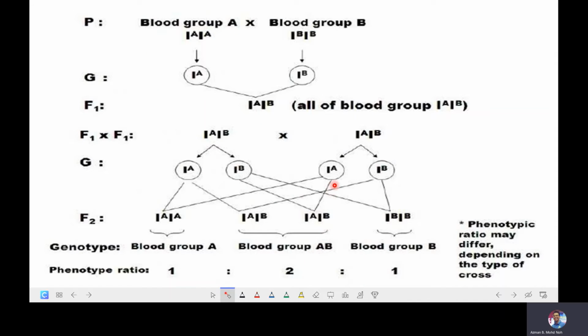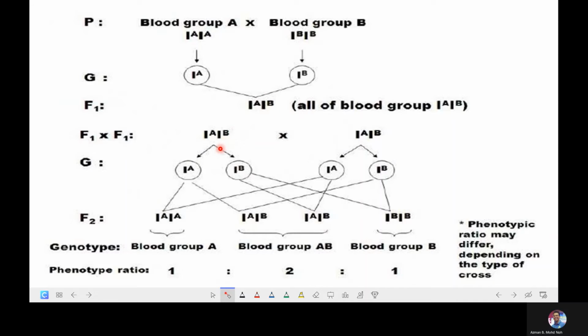And if we cross an individual with the A blood type, genotype IAIA, with another individual having the B blood type, genotype IBIB, then we will get an F1 individual with the genotype IAIB, and the blood group will be AB.